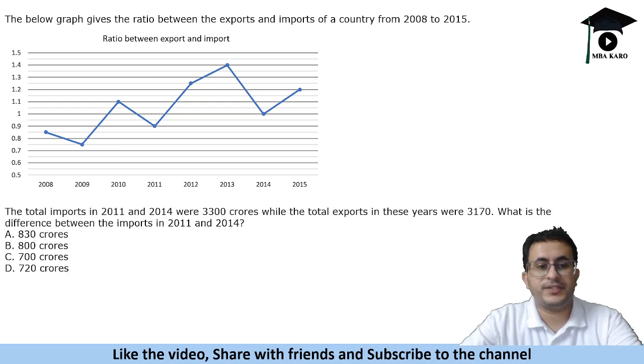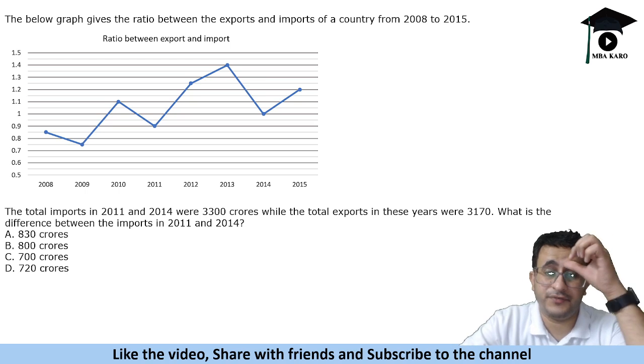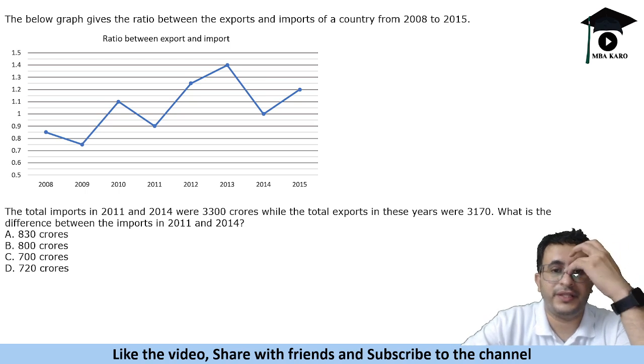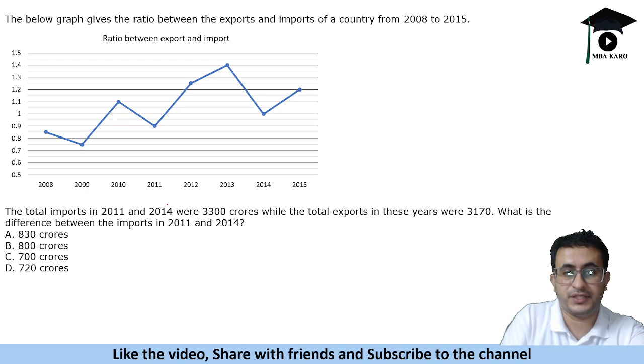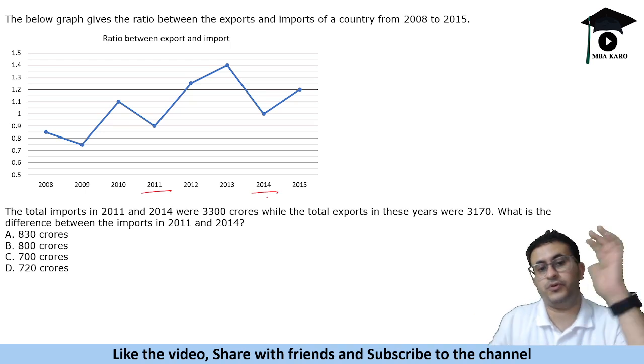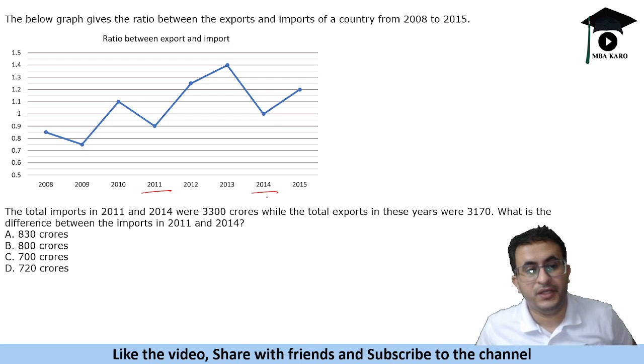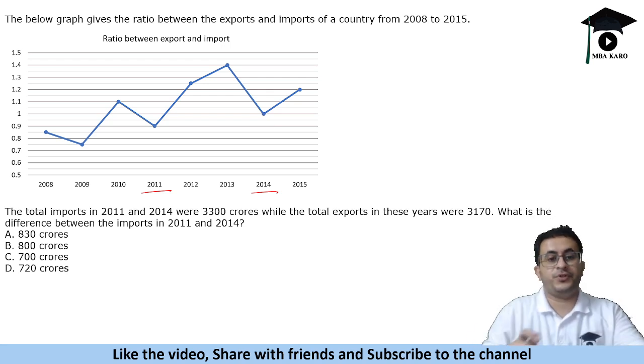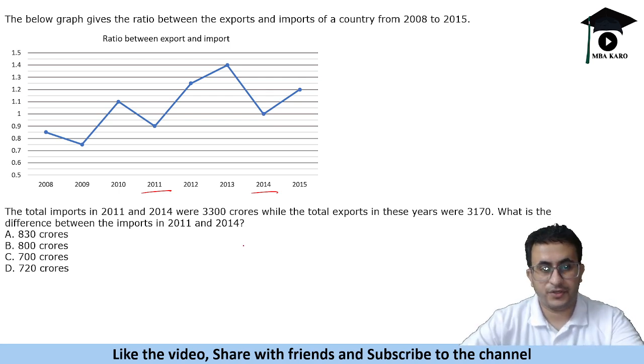The total imports in 2011 and 2014 were 3,300 crores, while the total exports in these years were 3,170. So the total of imports and exports for 2011 and 14 is given. We need to find the difference between the imports in 2011 and 2014.